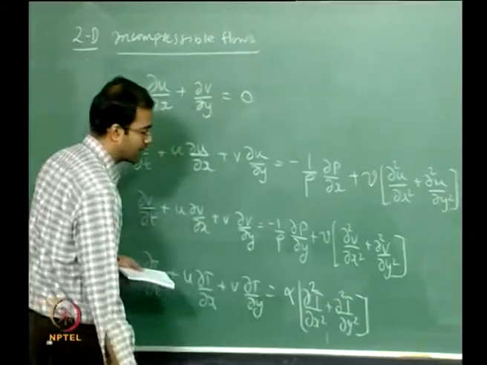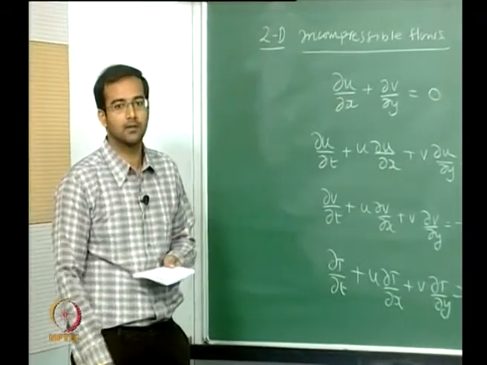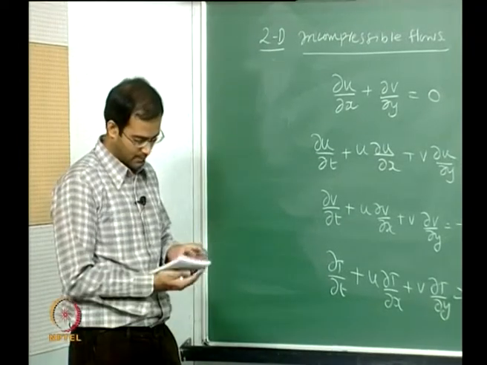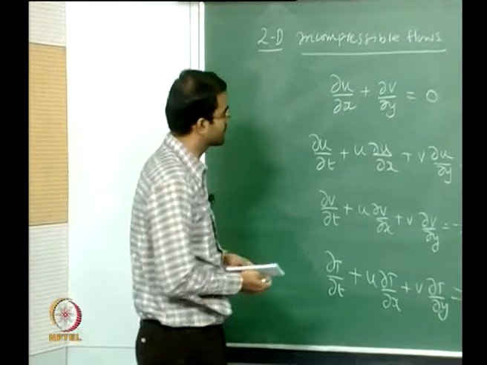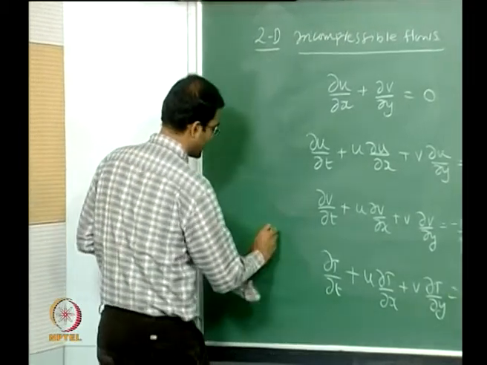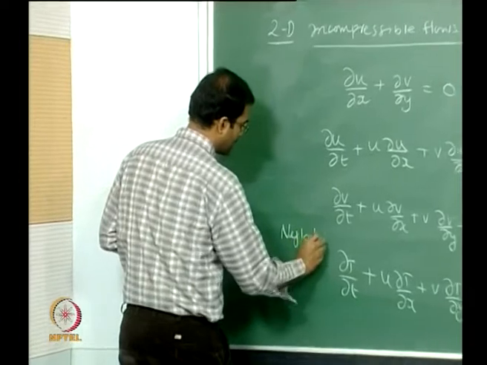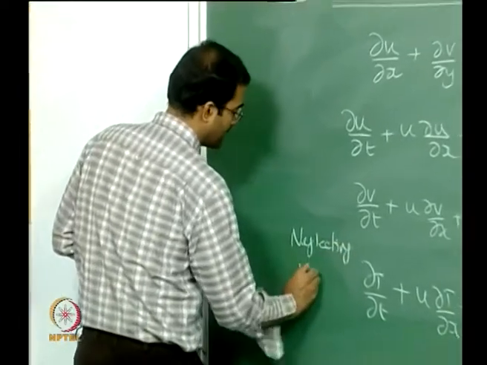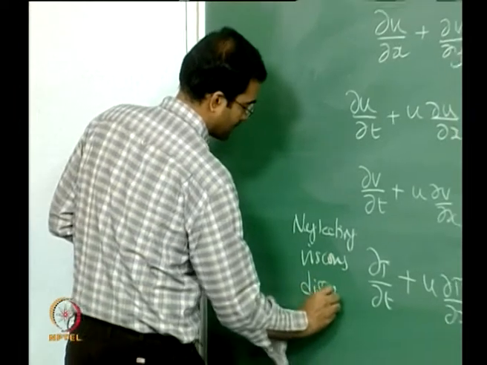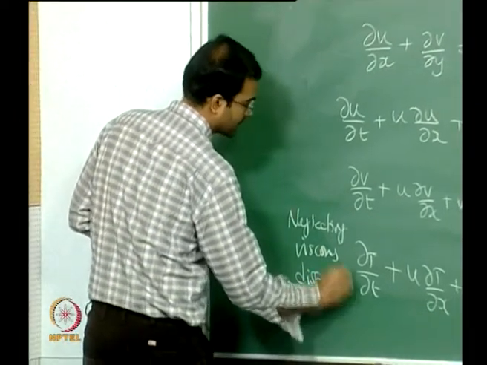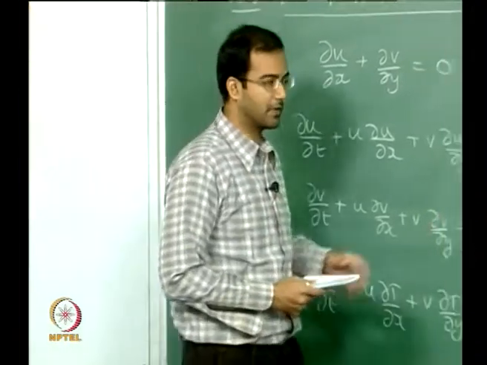okay, so now I am going to neglect the viscous dissipation. I don't want to put too many terms into this, so I can safely neglect the viscous dissipation. Okay, so now this is more familiar to you.